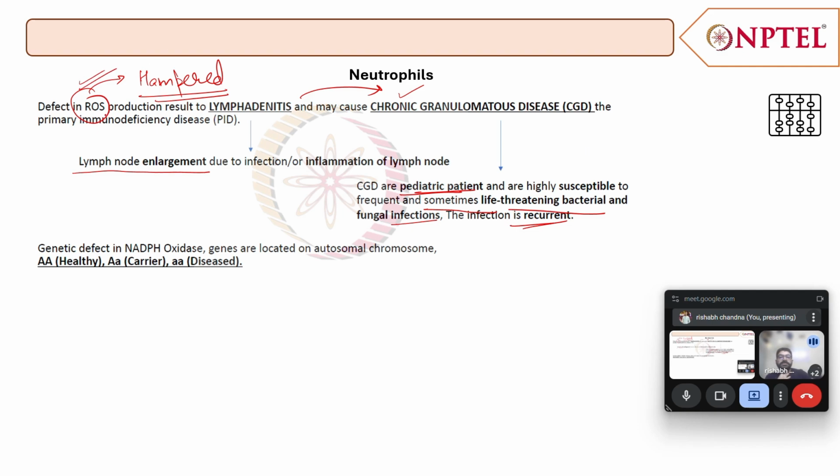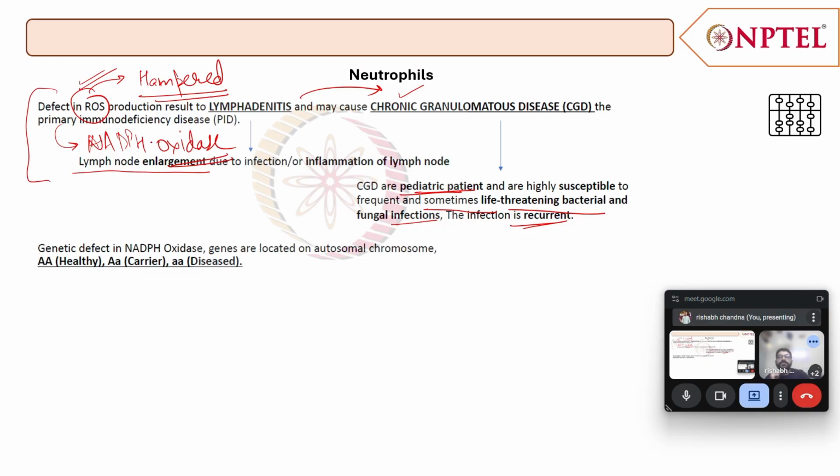Okay, ROS production mainly takes place with the help of an enzyme called NADPH oxidase, which is present in neutrophils and also in macrophages. So all the inflammation-related things take place with the help of the ROS.